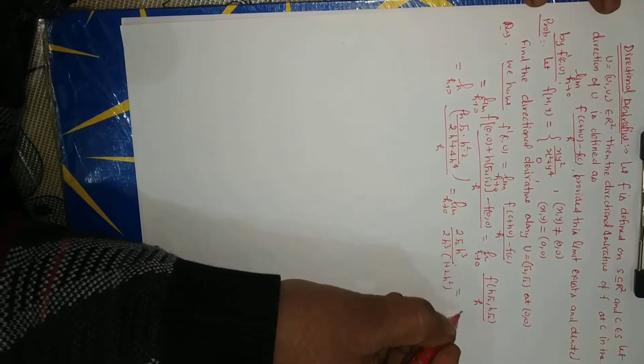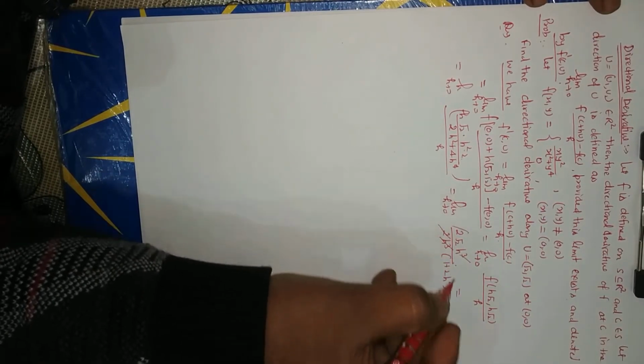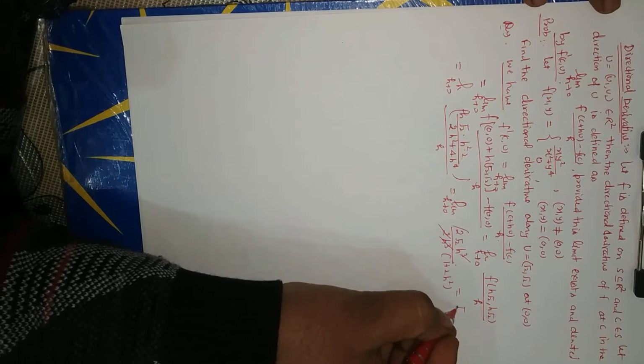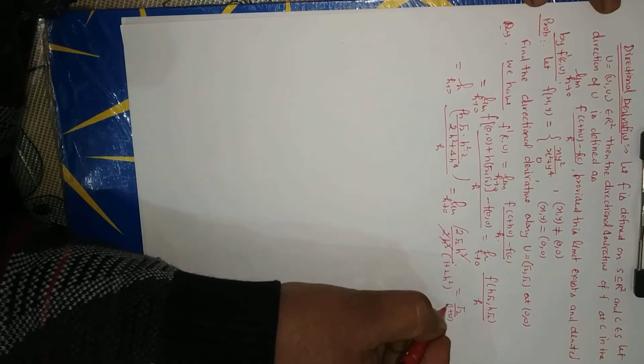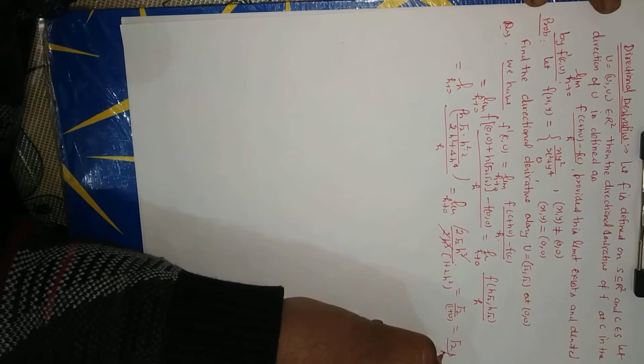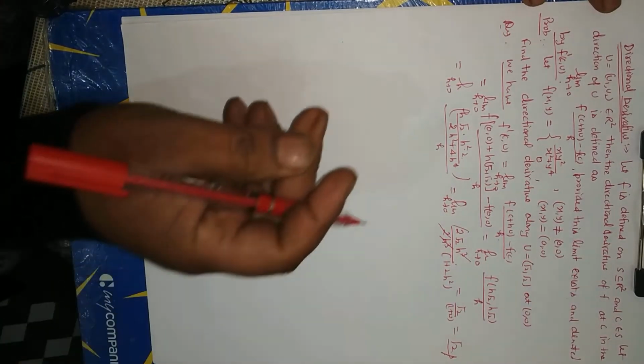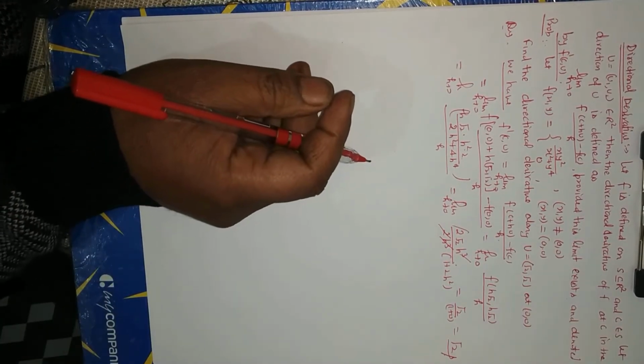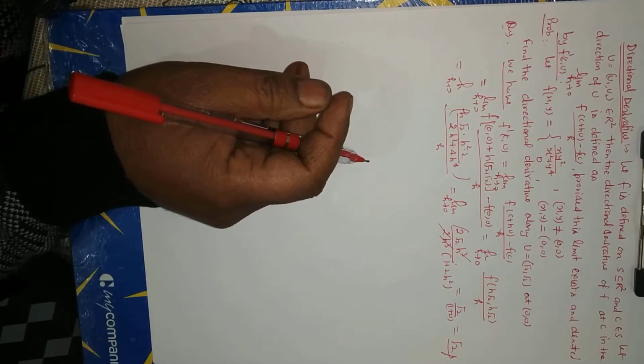Then we get 2 cancel by 2, h cube cancel by h cube, under root 2 upon 1 plus 0. This is equal to under root 2. Okay. This is the directional derivative, that is the value of f dash c u.